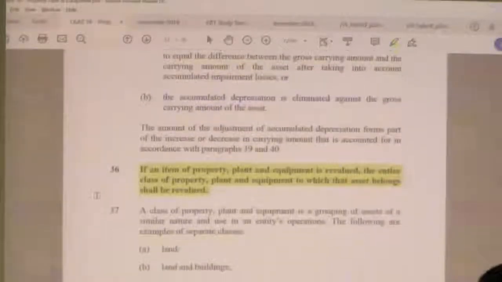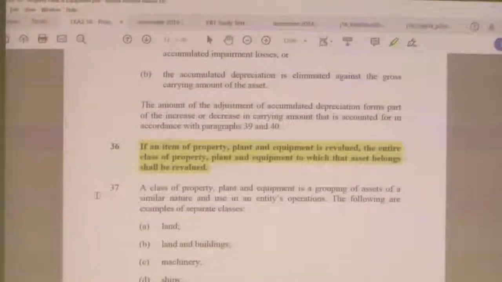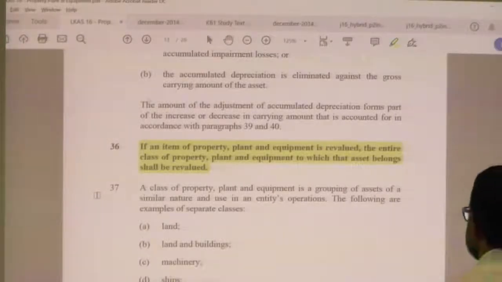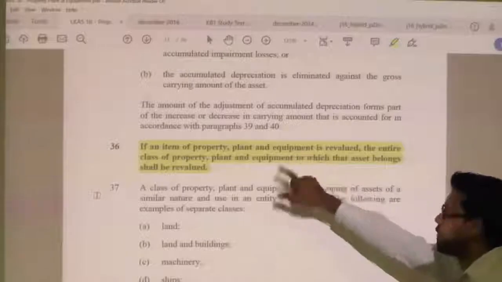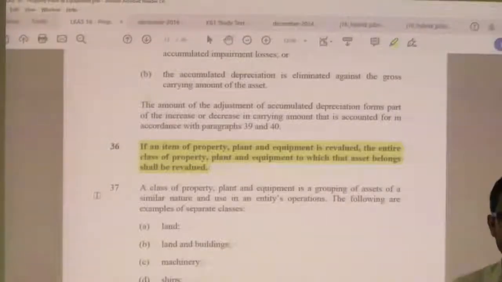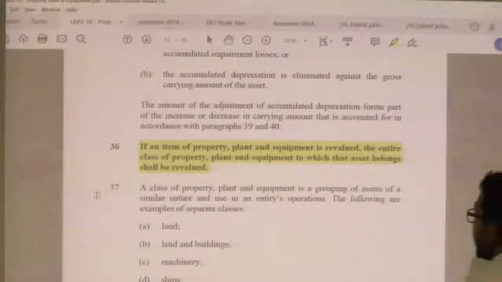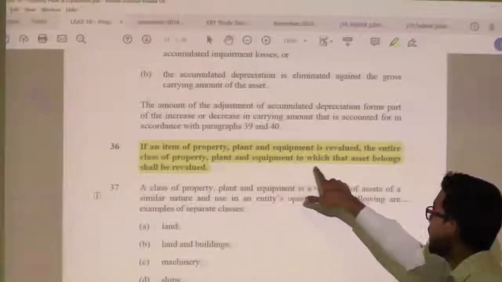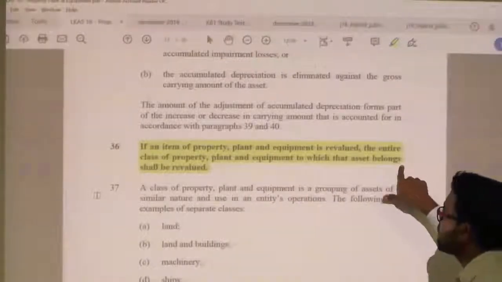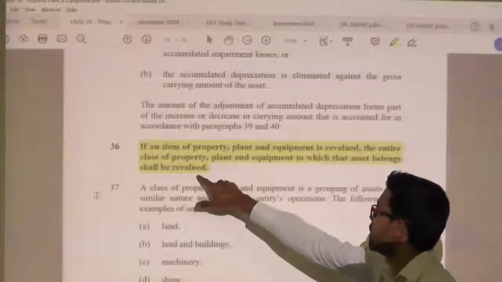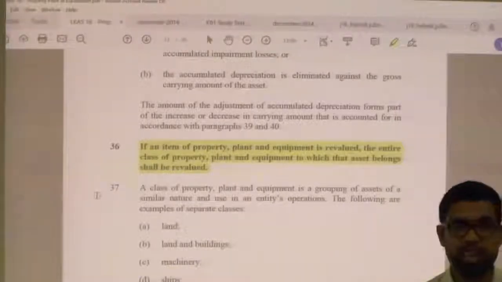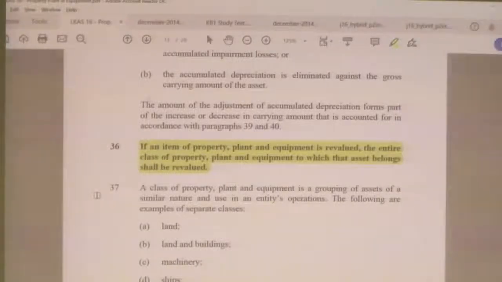Now read paragraph 36 as well. If an item of property, plant and equipment is revalued, a very important statement: the entire class of property, plant and equipment to which that asset belongs shall be revalued. Now let's take this CA Sri Lanka building and we are in classroom number 2.